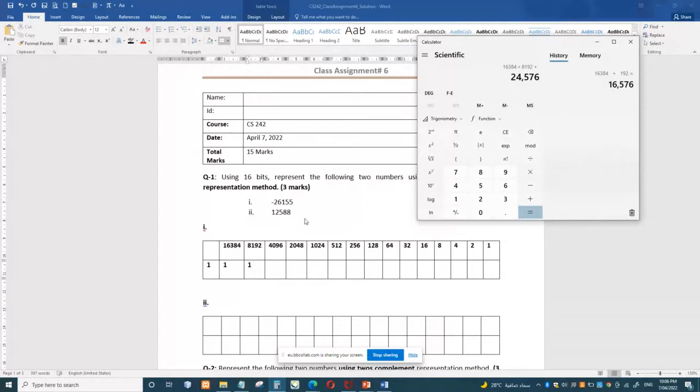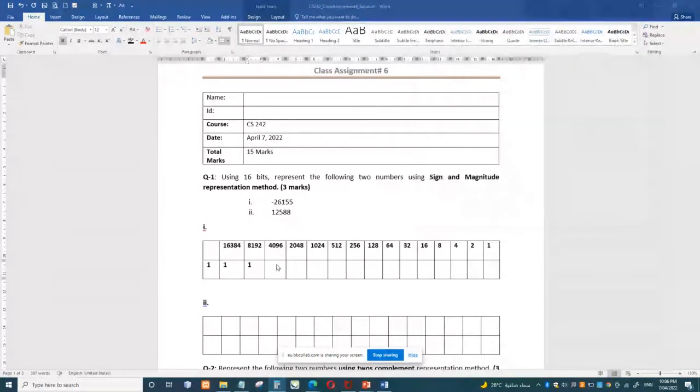Still, we need some more value. 4,096 cannot be taken because 4,000 plus 24,000 is 28,000, but our number is 26,000. So we need to put 0 here. Definitely, we may take 2048.